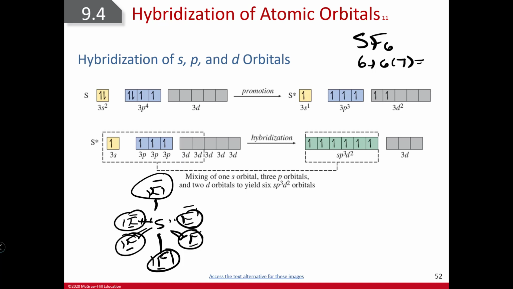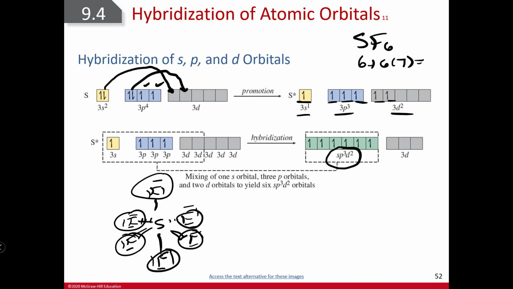It only has 2 bonding sites before it's hybridized. And so I have to take one of these s electrons and put it over here, and one of these p's and put it over here, and now I have the s, all 3 p orbitals, and 2 d orbitals. So the hybridization is sp3d2.